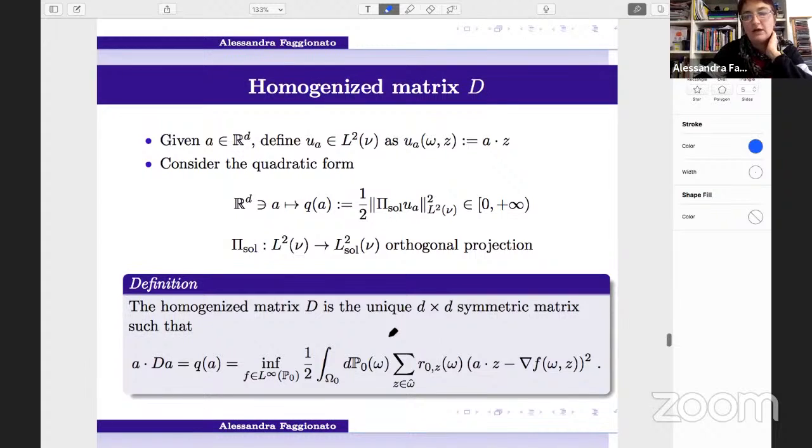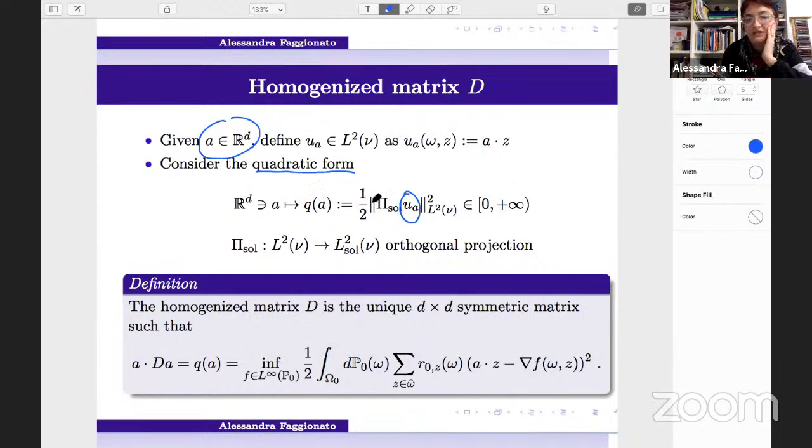Now I introduce the homogenized matrix. It lives in this abstract space of square integrable forms. Given a vector a in R^d, I consider a very simple deterministic form, u_a, in the entries environment and jump, which is simply a times the scalar product with z, so it does not depend on omega. And I consider the following quadratic form. To each vector of R^d, take the form u_a, take its solenoidal component and compute its squared norm, times 1/2.